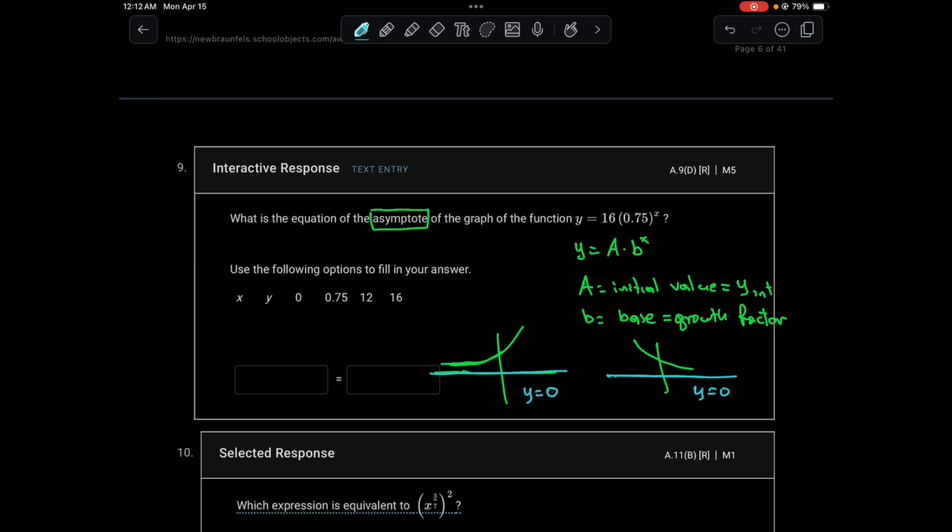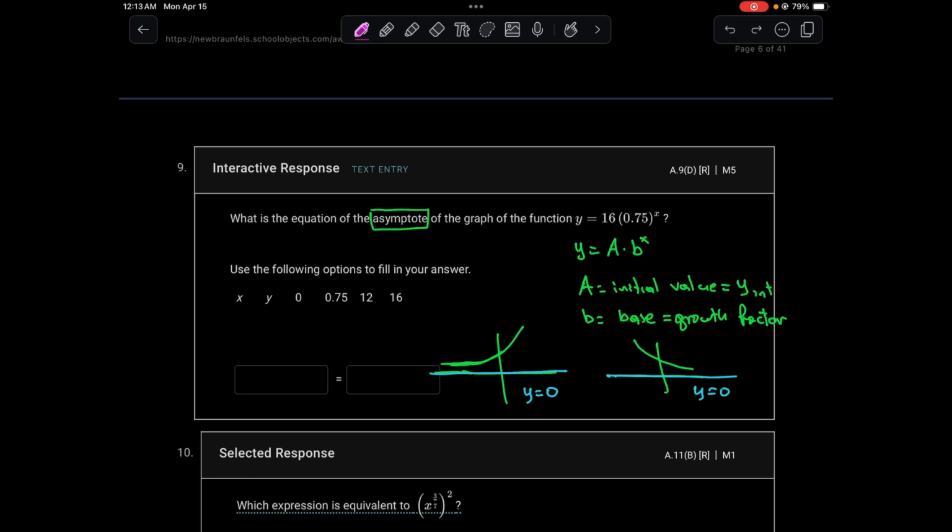The only time that you wouldn't have the ground as the asymptote is if the exponential were shifted up, then the asymptote would be shifted up, or shifted down, then the asymptote would also be shifted. It would look like plus something or minus something, let's say a C. If you go up or down, that's the only case where you wouldn't have this asymptote.